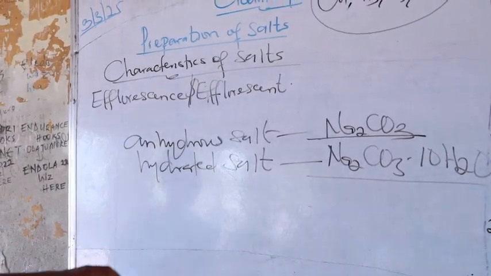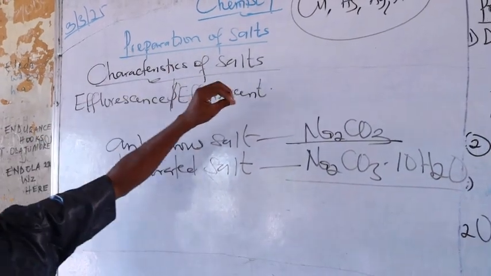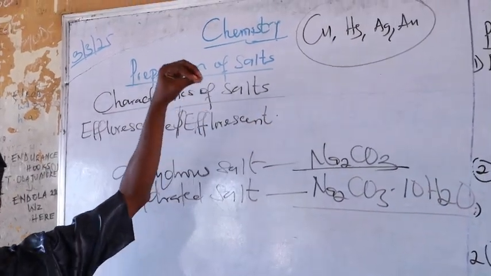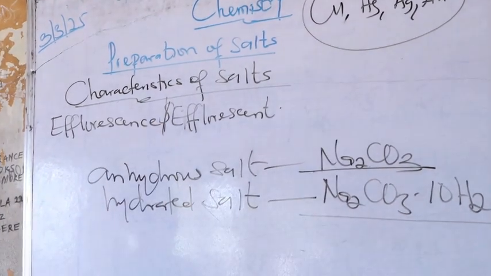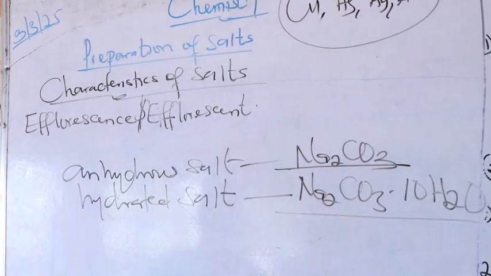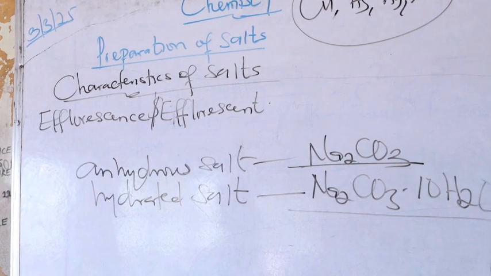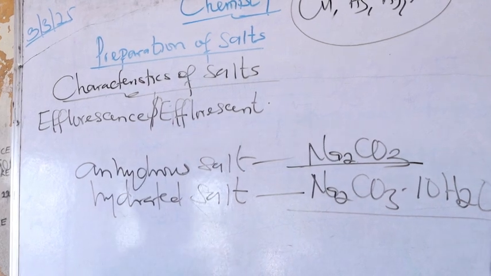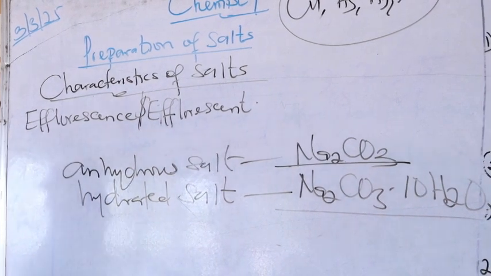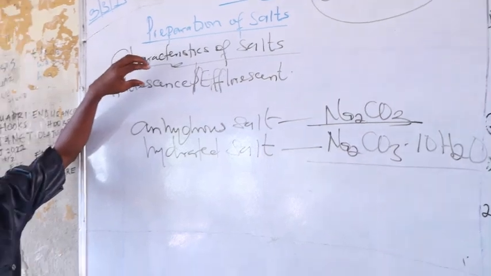Now, an efflorescent salt is a substance or a salt that, when exposed to the atmosphere, loses part or all of its water of crystallization. Please don't mix the two together.